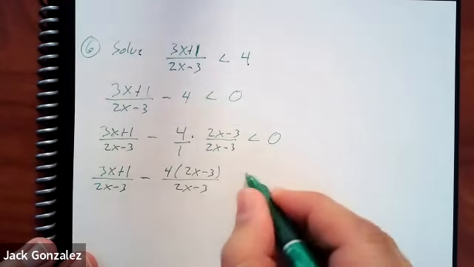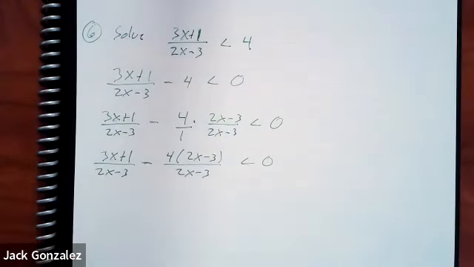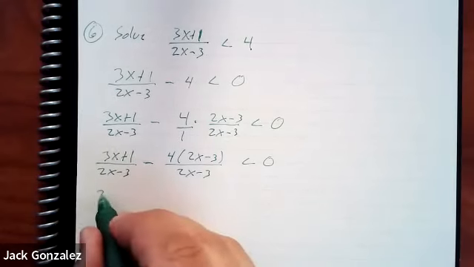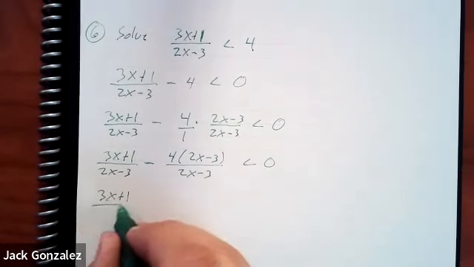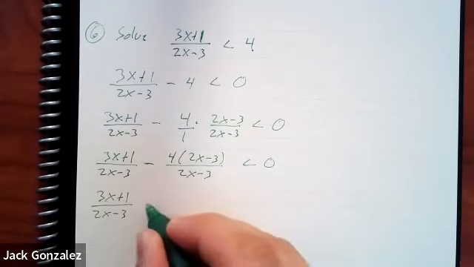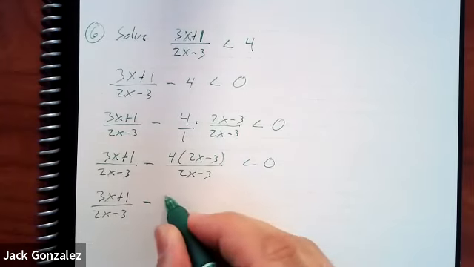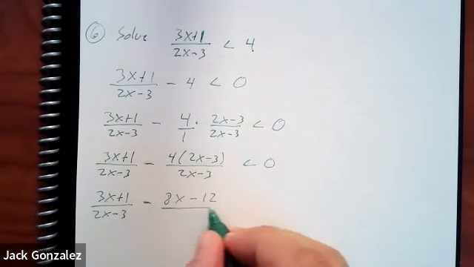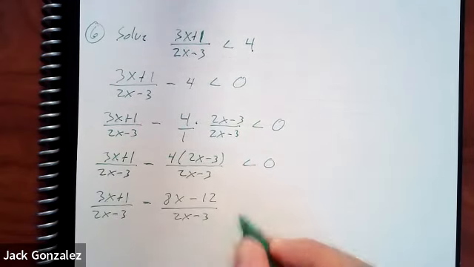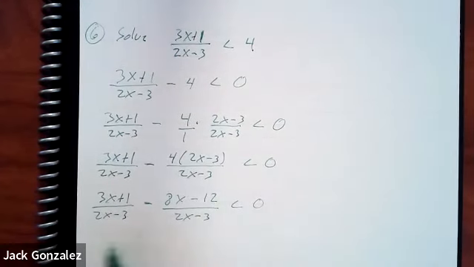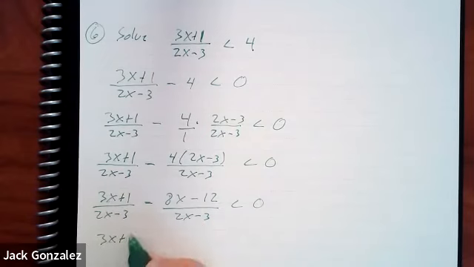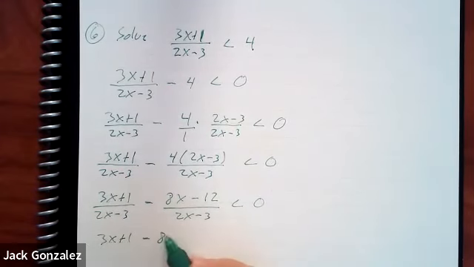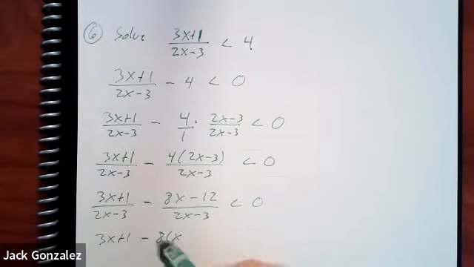In the next step, I guess. See how now I can subtract them, right? But let me distribute in an extra step. This will be 8x minus 12. Subtract these fractions and you're going to get minus this whole thing.